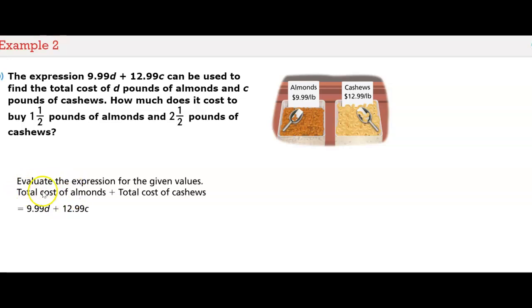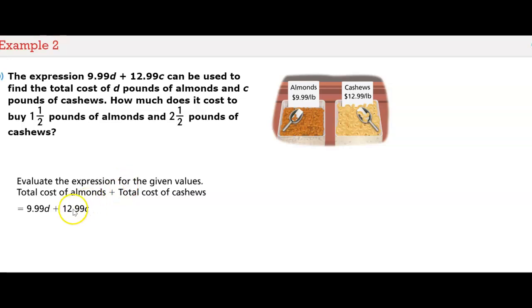So total cost of almonds was $9.99 per pound, and D is going to represent the total number of pounds, and so that's the unknown. But we're going to multiply the $9.99 times the number of pounds D to equal the total cost of almonds.